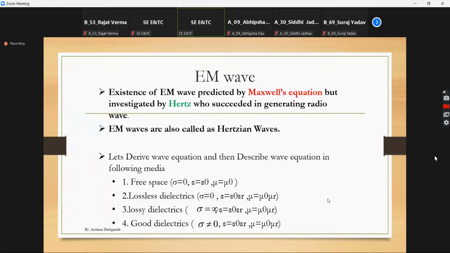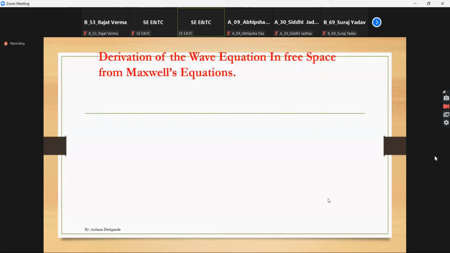So we will start first with the derivation of the EM wave. Again, to derive this EM wave, we have only Maxwell's equations with us. I'll explain how this derivation is written. We will start with Maxwell's equations.